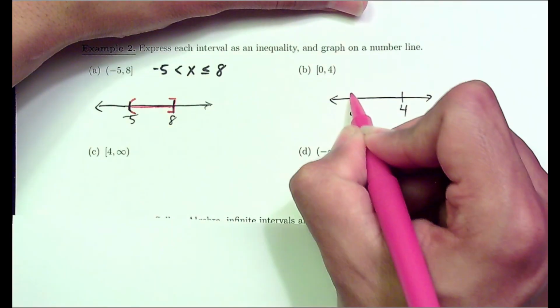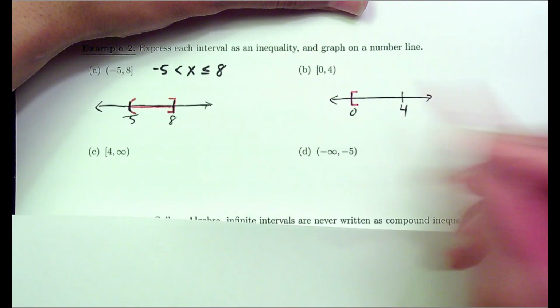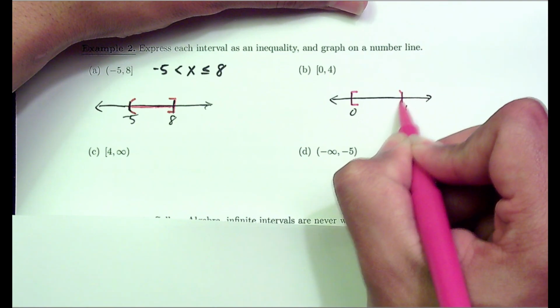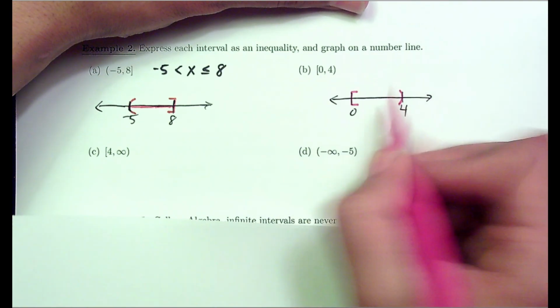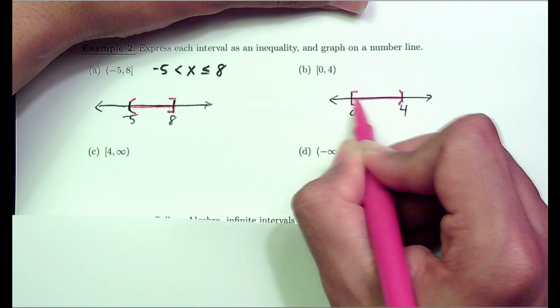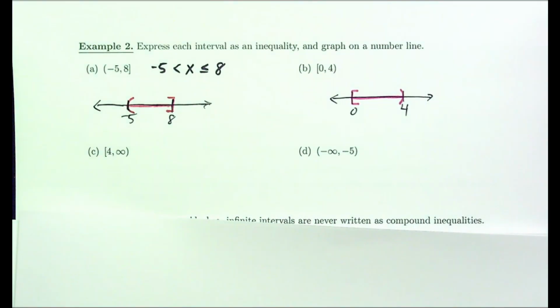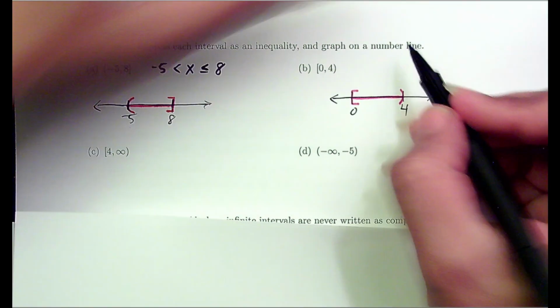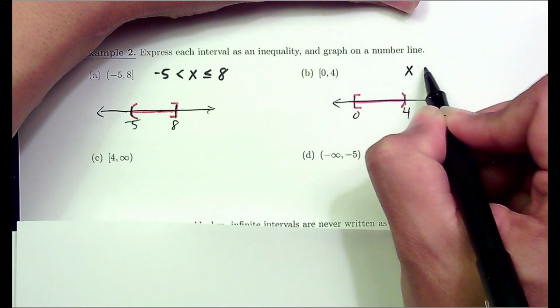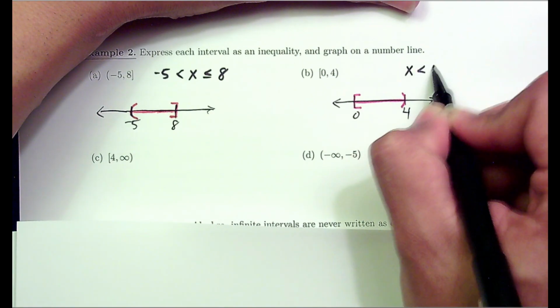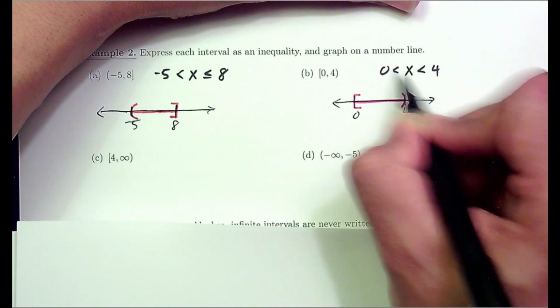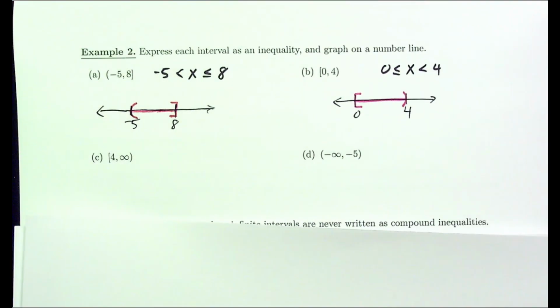Bracket on the left at 0 and parentheses on the right, just like that. And then in inequality notation, that would be all numbers sandwiched between 4 and 0, but I want to include 0, so x bigger than or equal to 0 on the left.